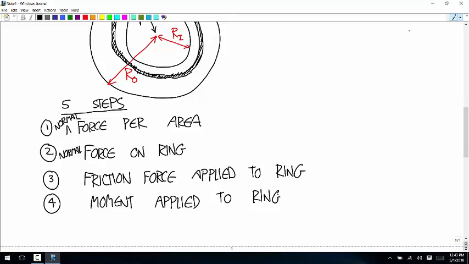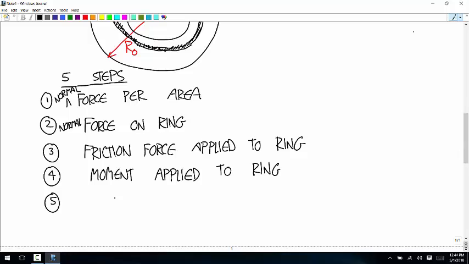And then finally, we're just going to integrate. So the total moment is just equal to the integral from R inner to R outer of all those little infinitesimal moments produced by each ring.